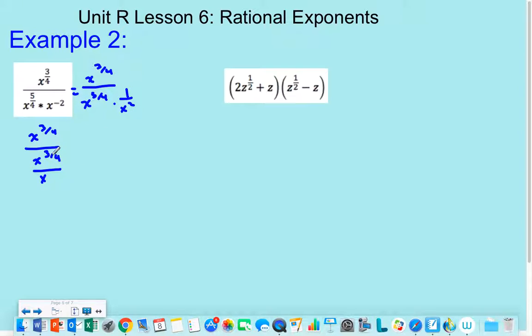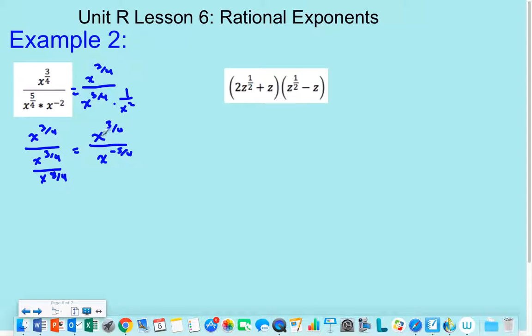But remember, if I'm going to subtract my exponents here, I'm subtracting fractions at this point, and so I'm going to take x to the 2nd and turn that into 8/4. 8 divided by 4 would be 2, but now I have a common denominator, and 3 minus 8 would be negative 5. All right, so now I've got x to the 3/4 divided by x to the negative 5/4.